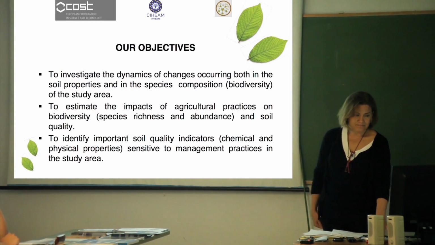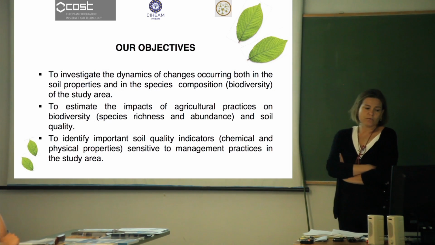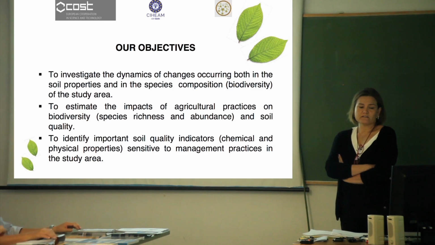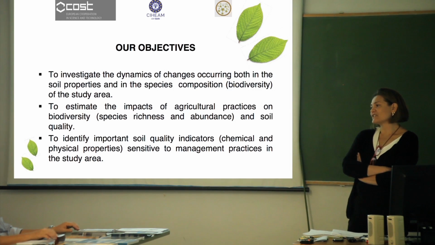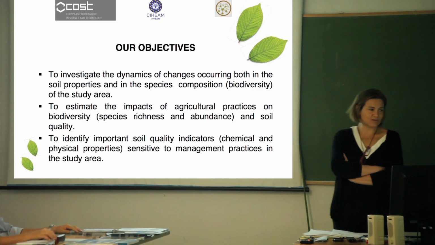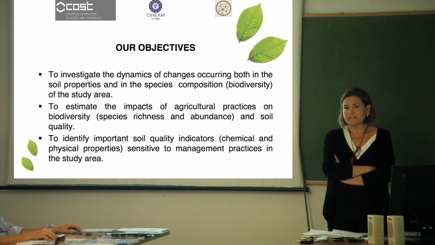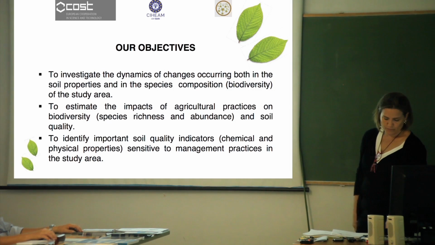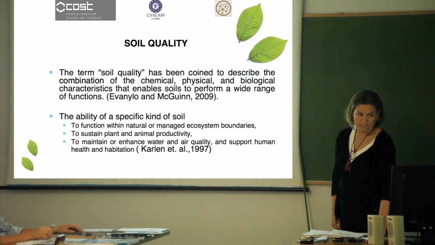And that's why, to fulfill our objectives, we need different competences, not only for biodiversity, but even for soil quality. We had the cooperation and collaboration of Professor Pandi Struli and Gaetano Ladisa, and for the statistical approach we were supported by the University of Bohemia.